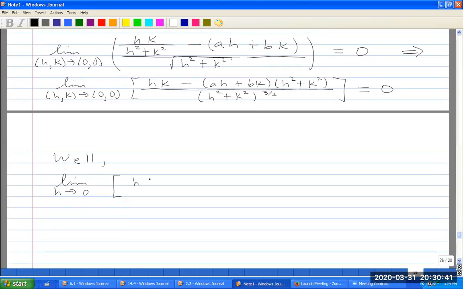And so we have h times ch minus ah plus b times ch, times h squared plus c squared h squared, over h squared plus c squared h squared to the 3/2.